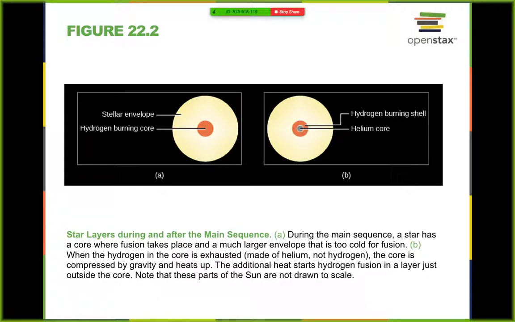Now, the energy that comes out of this system, core plus hydrogen burning shell, is sufficient to overpower the energy the star released previously in the main sequence. And that energy is sufficient to initiate a slow expansion of the outer shells of the star.